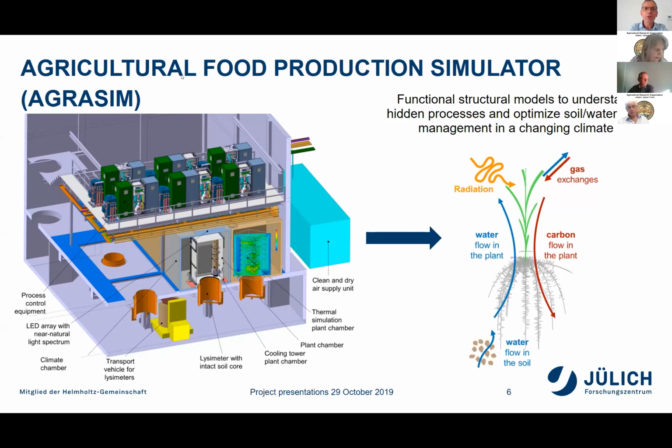The systems are fully controlled. We can control temperature, humidity, lighting, and they are fully airtight so that we can also monitor isotope fluxes in these systems, which help us to disentangle different biochemical and water fluxes.